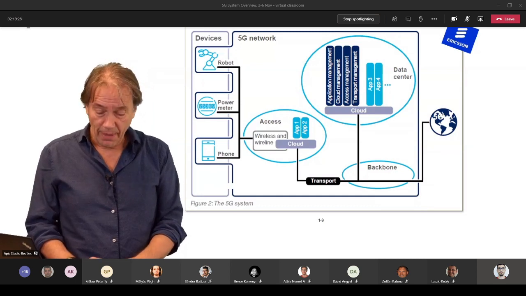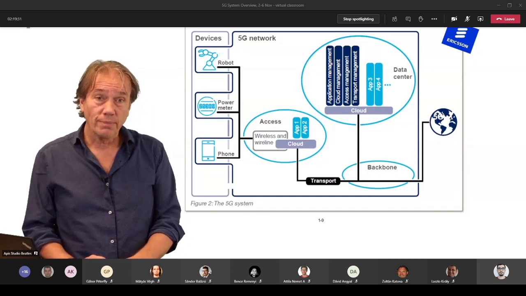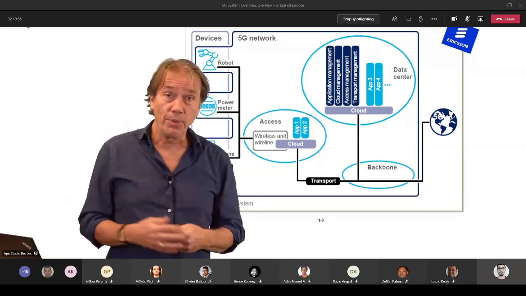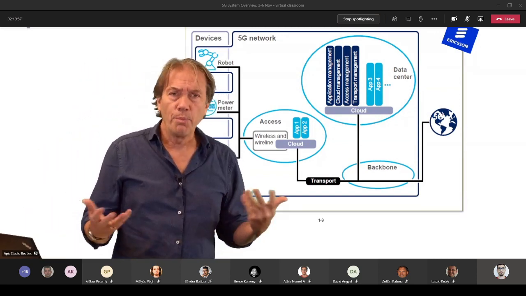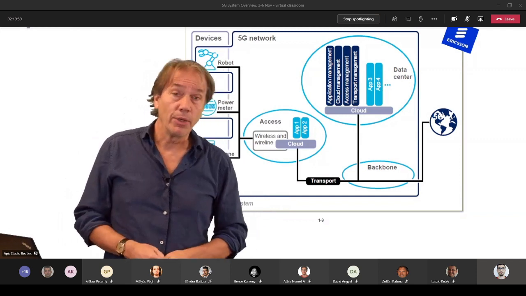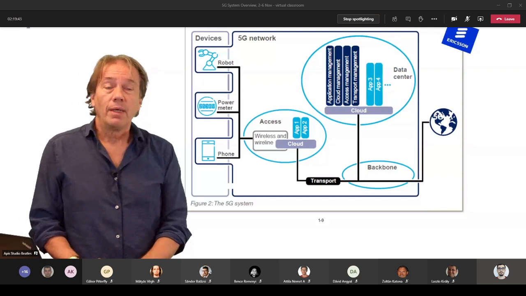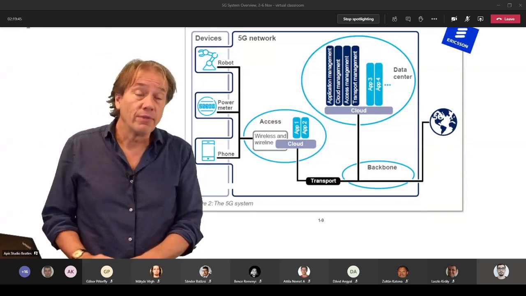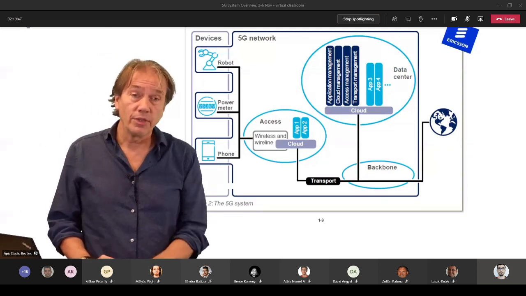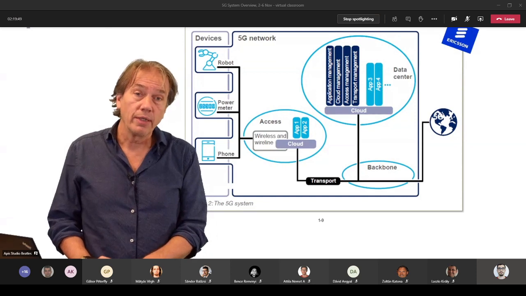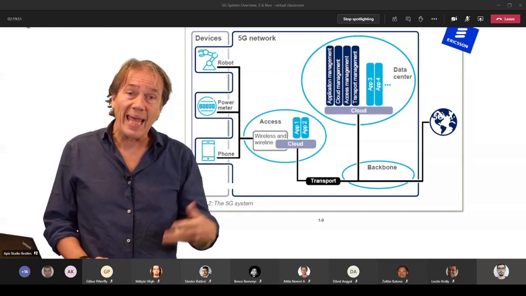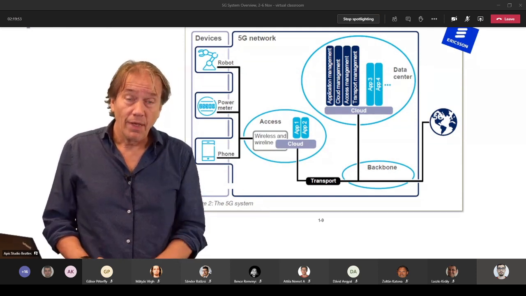I was at a 5G conference a year ago or so, and there was a panel discussion about edge computing. 3 or 4 people were discussing, and everybody agreed that edge computing was so good. And then almost at the end of the discussion, after 45 minutes, it became obvious that they had totally different ideas about what the edge means.